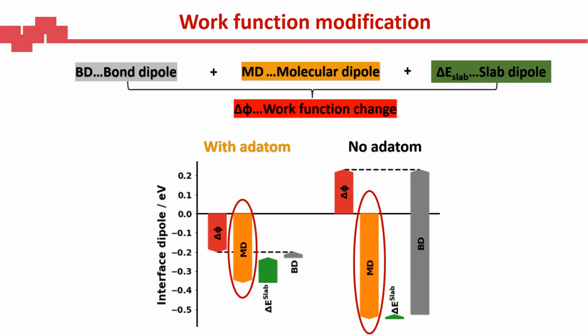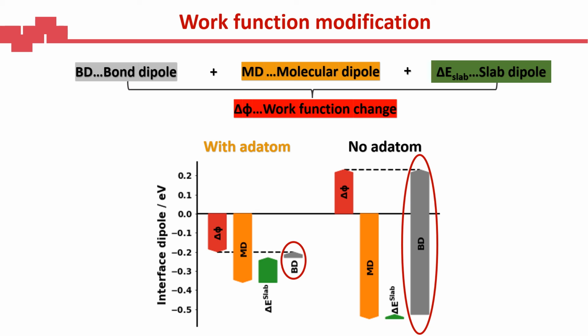Now, first of all, in both cases, with and without adatoms, we find that the molecular dipole decreases the work function. But with adatoms, we have much less net charge transfer across the interface because the charge back donation from the cyano groups cancels with the forward donation into the lowest unoccupied molecular orbital.